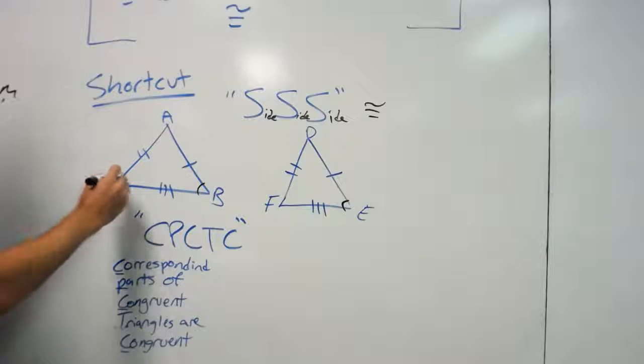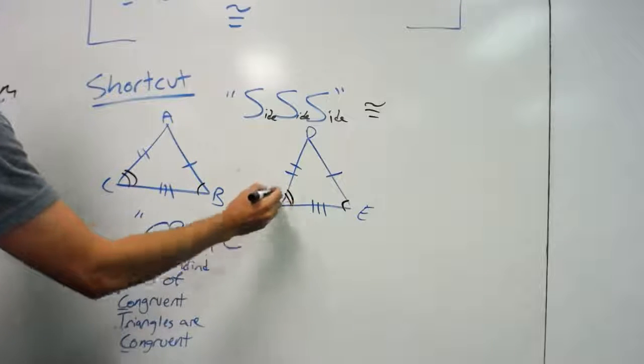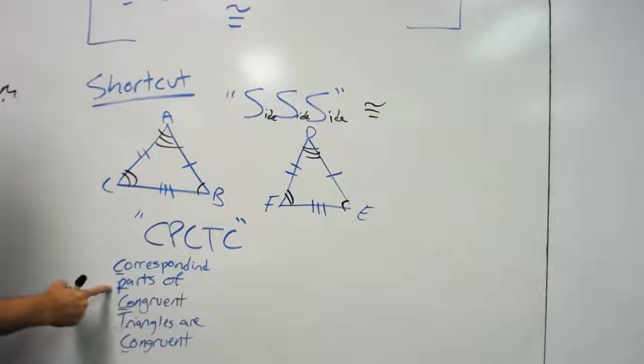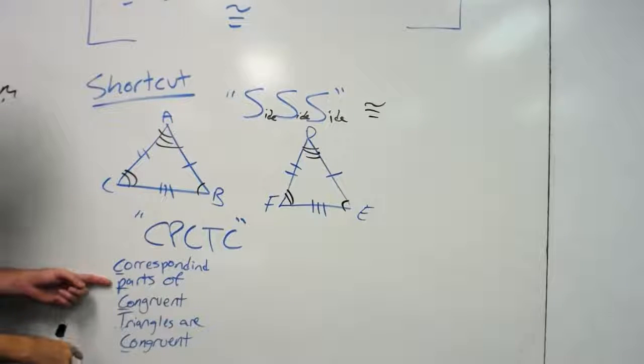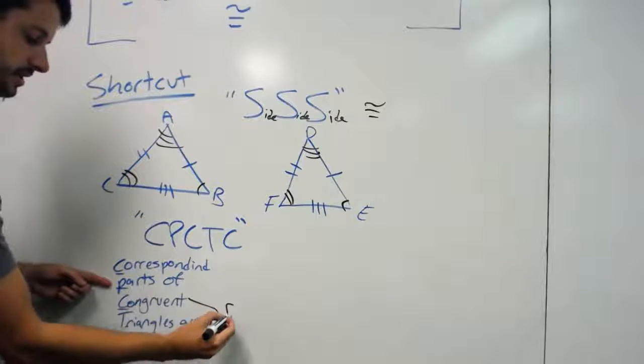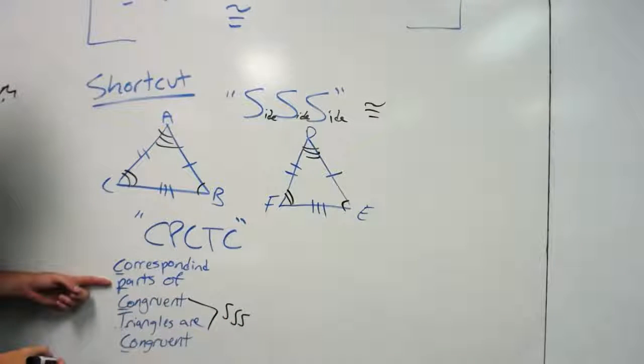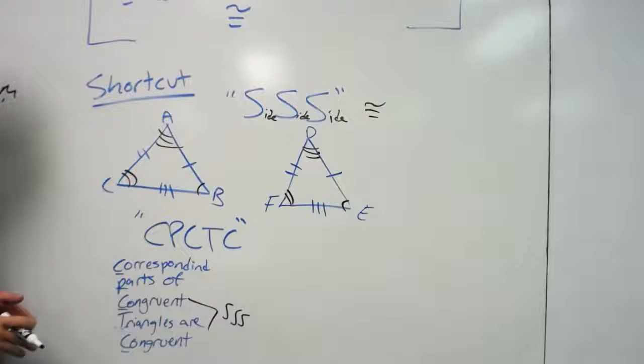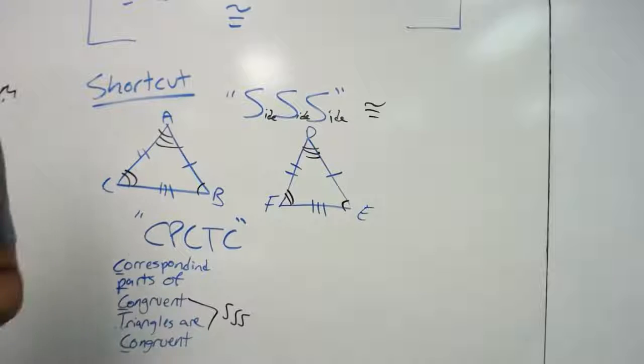We can assume C is congruent to F and D is congruent to A because corresponding parts are congruent. We already know the triangles are congruent from SSS. Now we just showed the corresponding angles to be congruent because of our knowledge that the triangles are congruent.